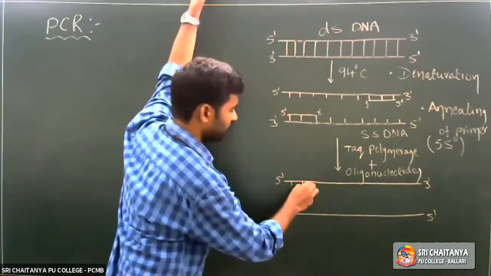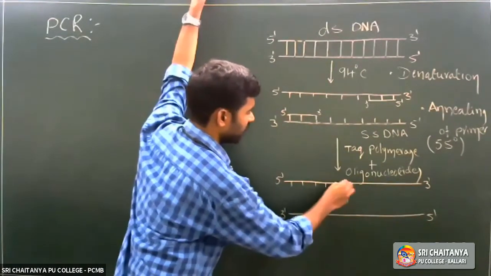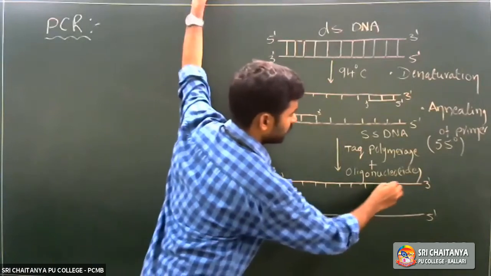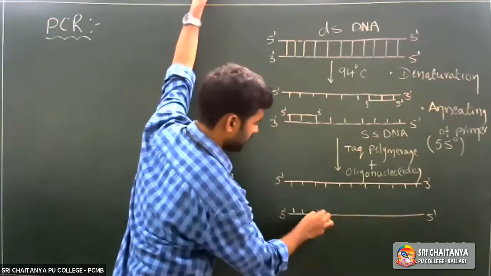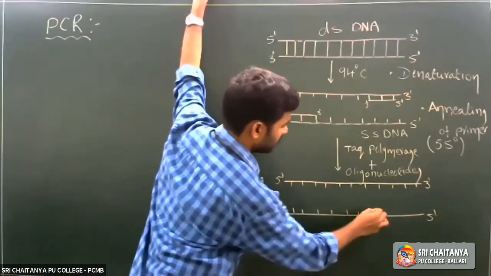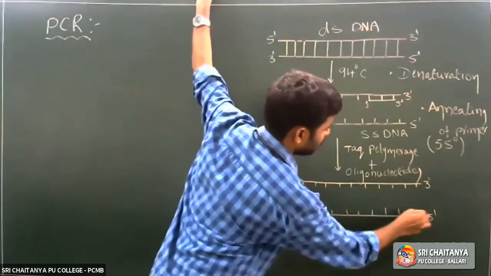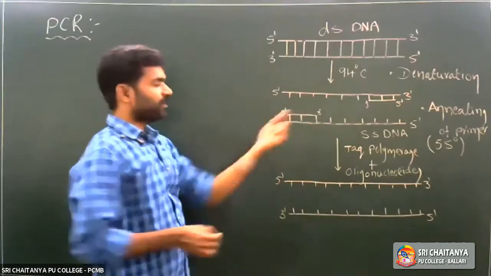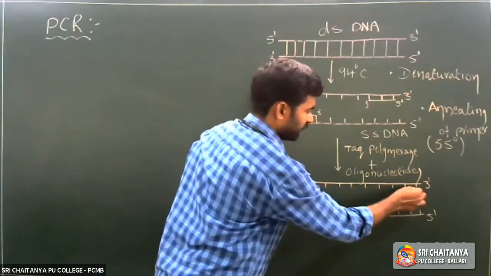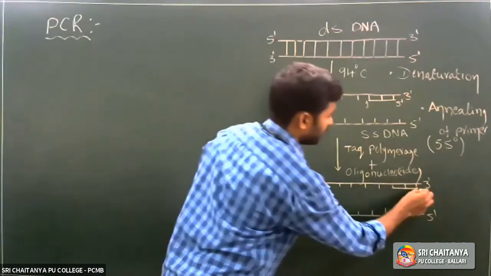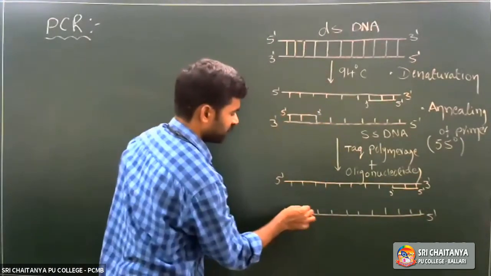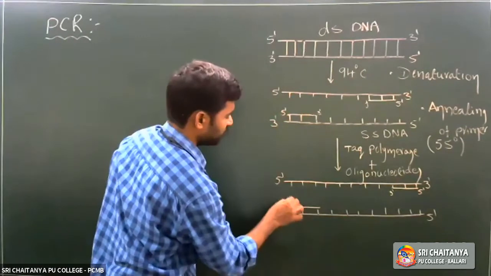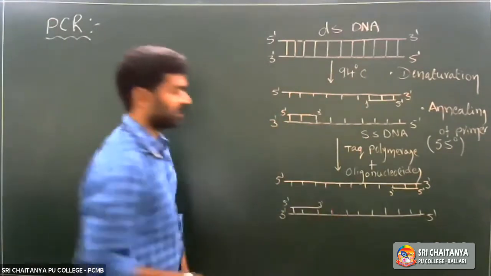Then, as usual, these are hydrogen bonds. These primers are also located in which direction? 5 prime to 3 prime direction. Here also the primer is arranged in 5 prime to 3 prime direction.